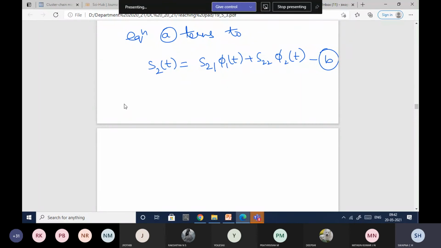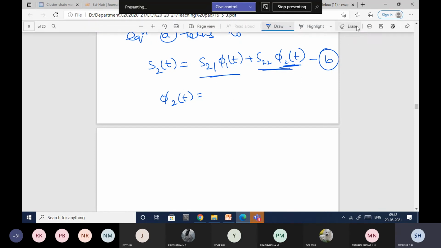Now what I have to get is phi 2 of t. First, I'll shift this term to the other side, just rearranging the terms.